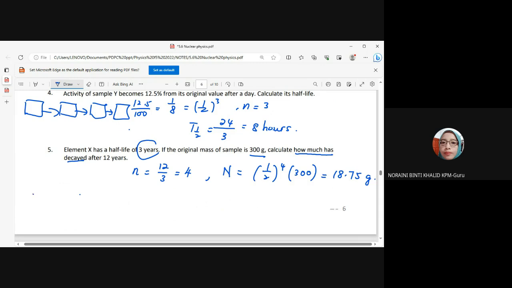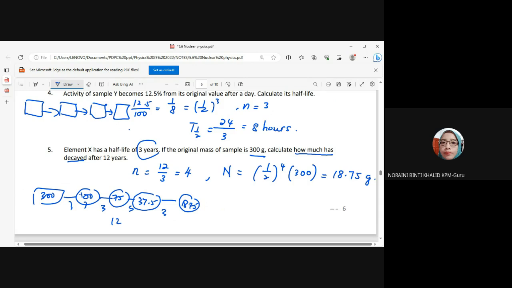4 half-life. Okay, 300 become 150, become 75, become 37.5, and then 18.75. 1, 2, 3, 4. 3, 3, 3, 3, 12. Okay.